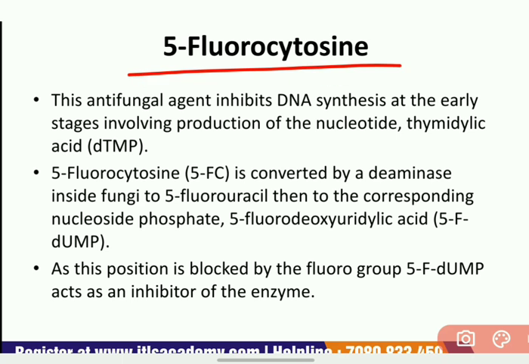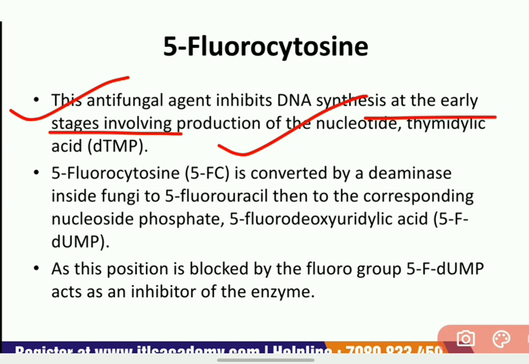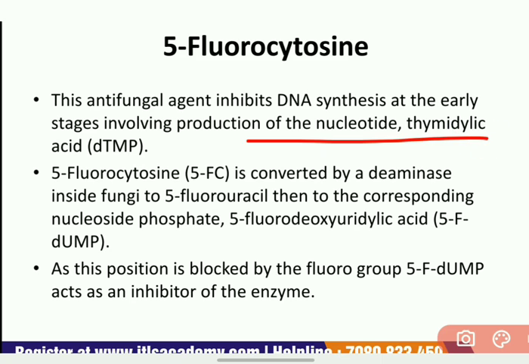Next is 5-fluorocytosine. This antifungal agent inhibits DNA synthesis at the early stages, involving production of the nucleotide thymidylic acid, that is dTMP. 5-fluorocytosine, that is 5-FC, is converted by a deaminase inside fungi to 5-fluorouracil.